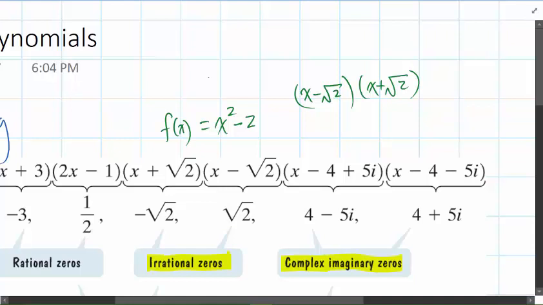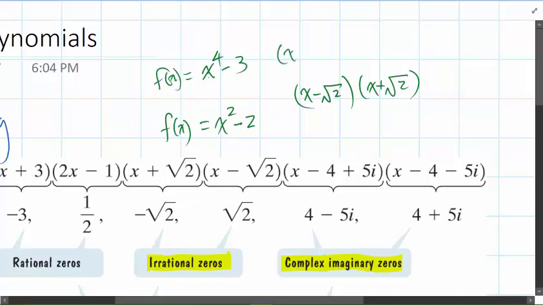For example, it works the same way if I were to have x to the 4th minus 3 equals f of x. So what would this be?